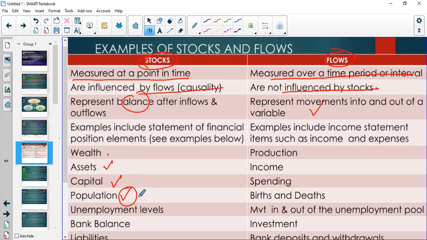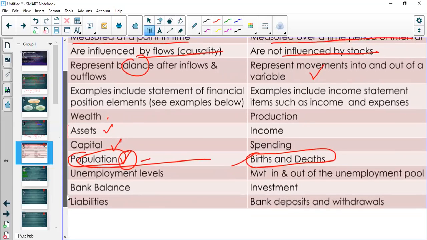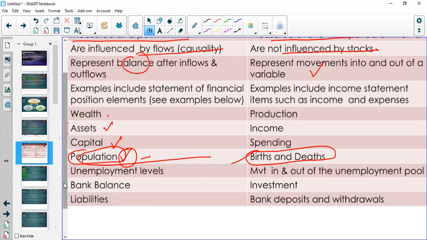Remember, your population is about people being born and dying. So the population is what's left remaining, and the actual movement is the births and the deaths. You can get those examples from that slide, or also from your own real life examples.